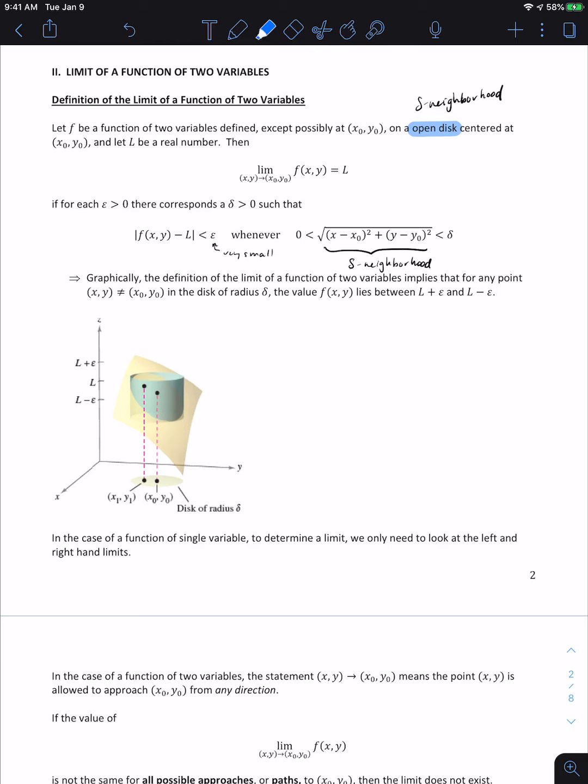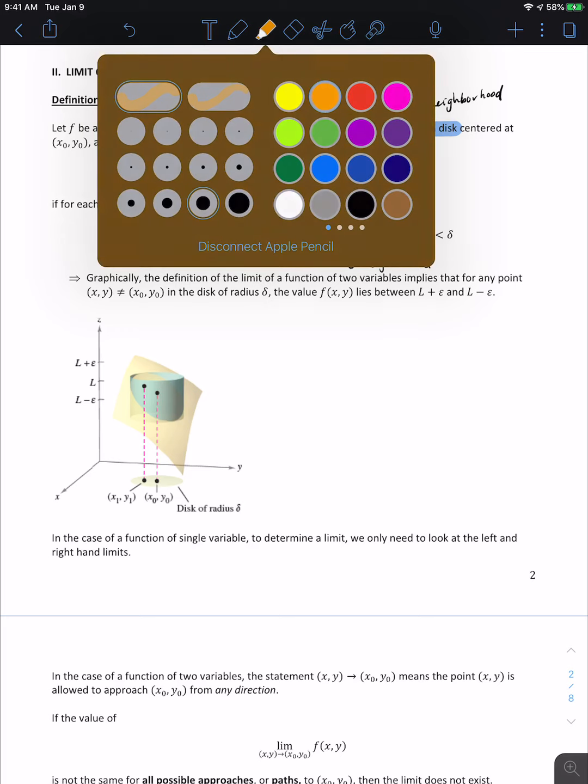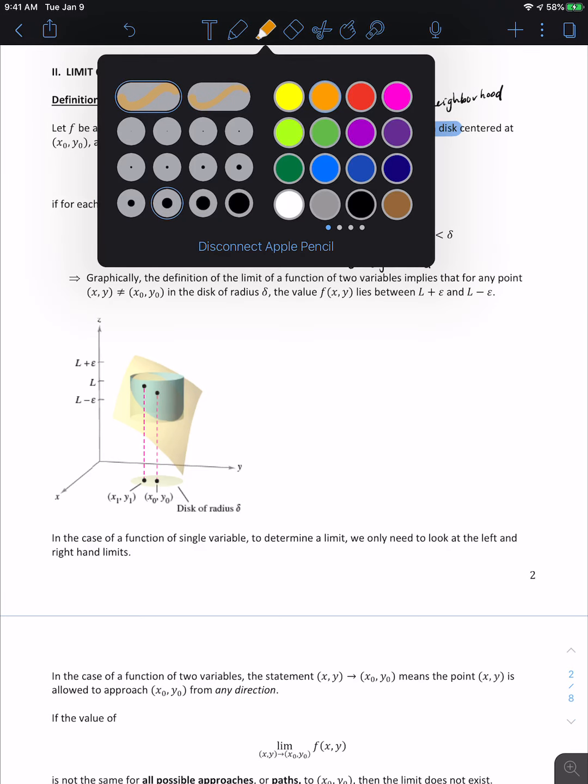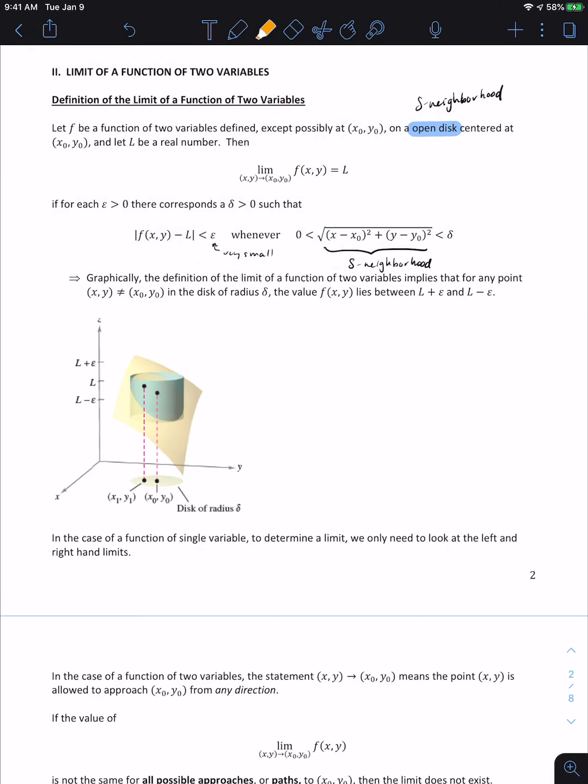Another big thing to point out is that in order to show a limit exists, it says if for each epsilon there corresponds a delta, right? So when we look at these proofs, what we need to do is find that delta. And if we find that delta so that this happens, then we're good to go. So that's the key, to find that delta for each epsilon.